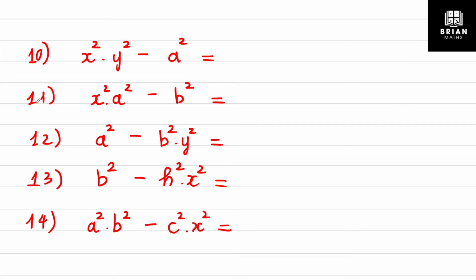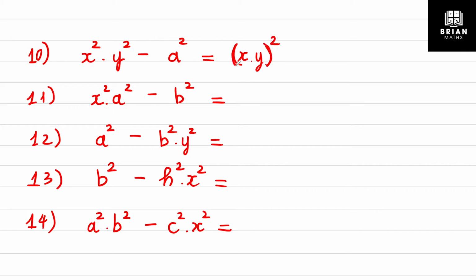The next five questions are a little bit more advanced. You get x square times y square minus a square. In this position you have a product: x square multiplied by y square. I cannot do this as a difference of squares directly, so I have to change its form. I combine x square and y square into a bracket like this: x multiplied by y, with the square outside.